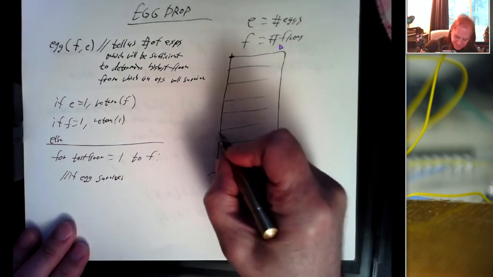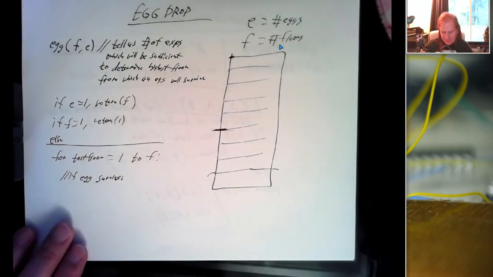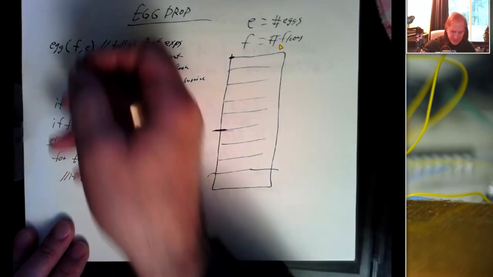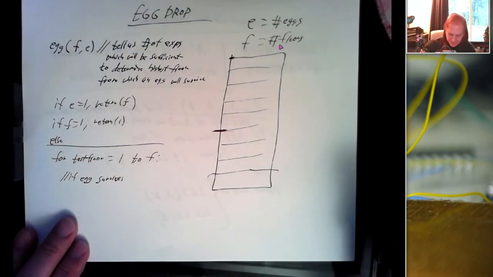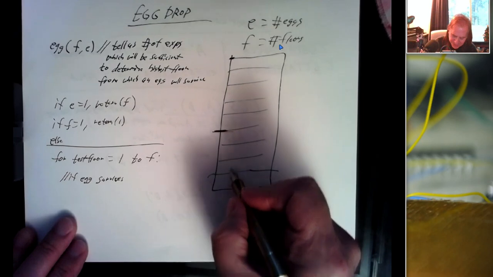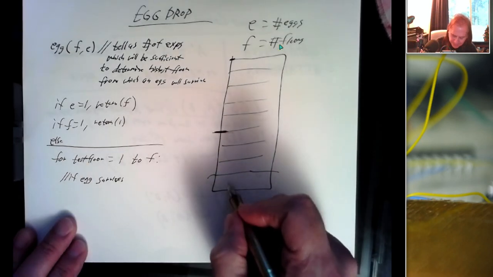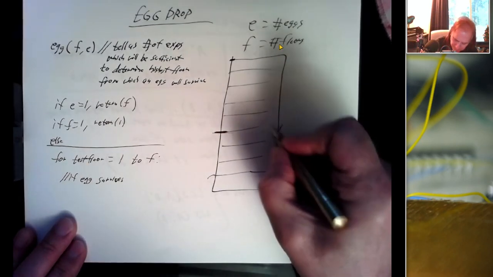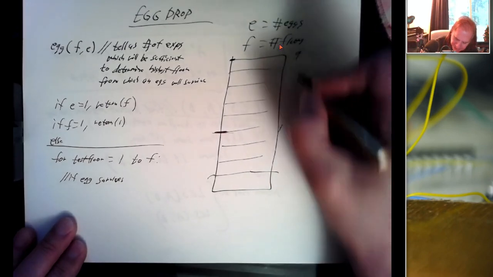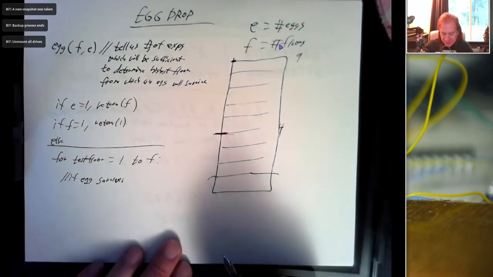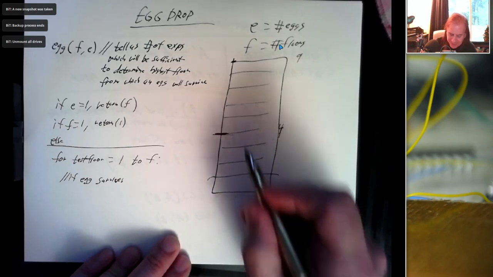so let's say we drop it from this floor right here, and the egg survives. Well, we still have all of our eggs available. We don't have to try dropping it from any of these floors. So this is a 9-story building, so we just dropped it from floor 4 and it survived.